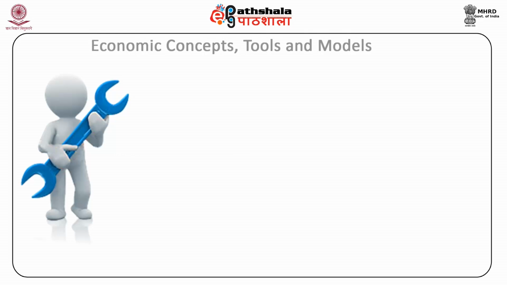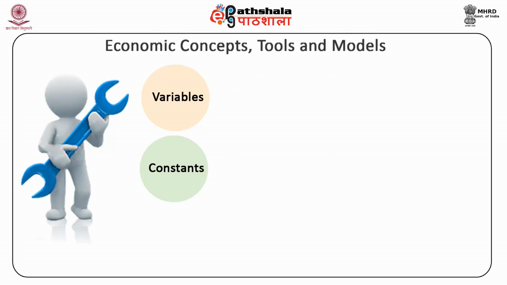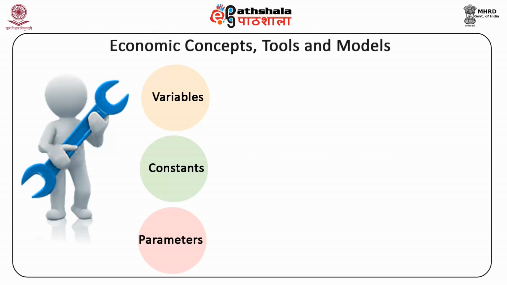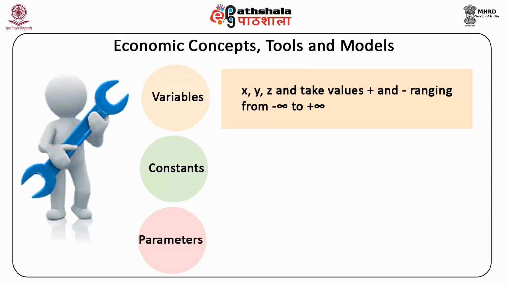The basic mathematical concepts that economics uses include variables, constants, and parameters. Variables are entities that take different values. They are usually symbolized by x, y, z and take the values positive and negative ranging from minus infinity to plus infinity.